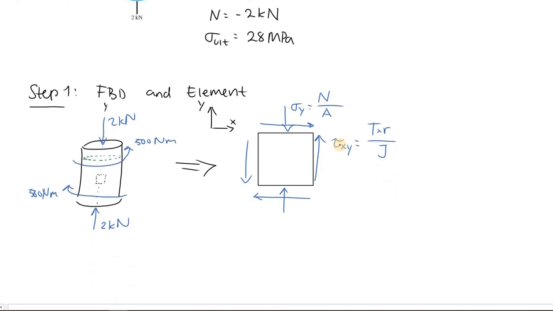And the rotational moment of inertia depends on what the cross-section looks like. So for a circle, for example, our J is just pi on 2 times our diameter on 2 to the power of 4. This is for a circle only.